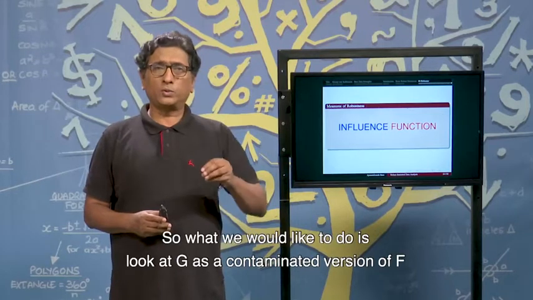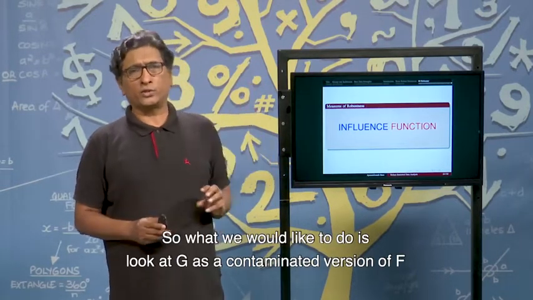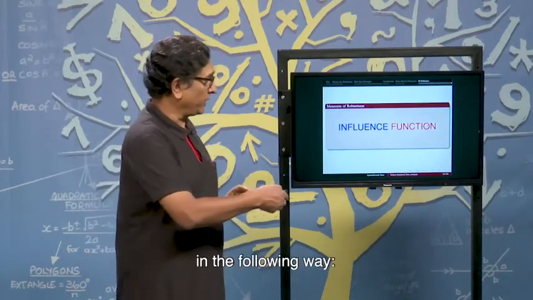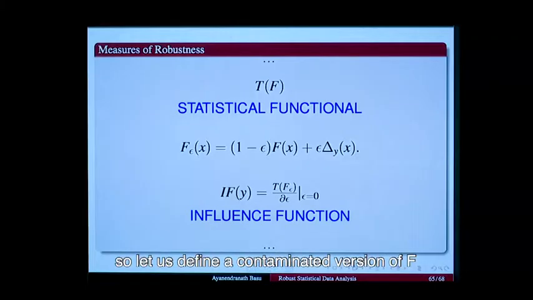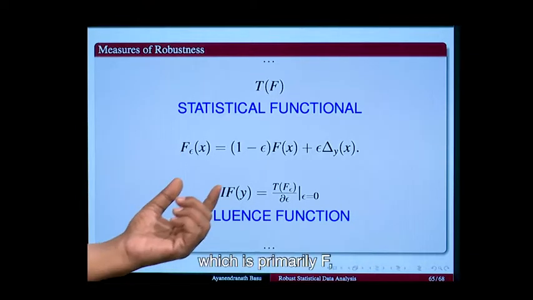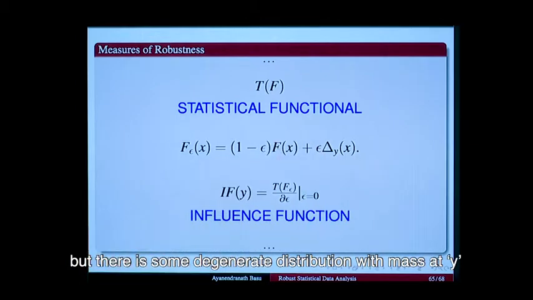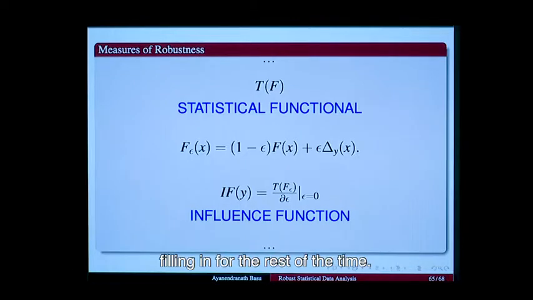So, what we like to do is look at G as a contaminated version of F in the following way. So, let us define a contaminated version of F which is primarily F, but there is some degenerate distribution with mass at y filling in for the rest of the time.